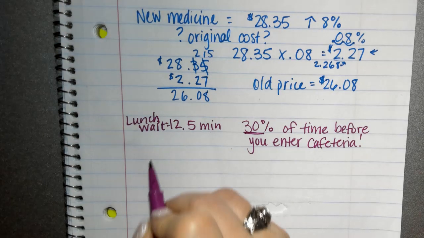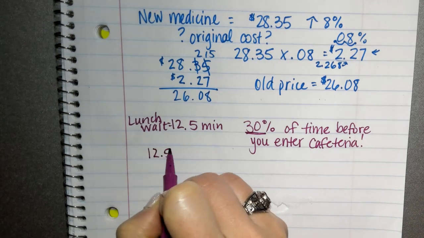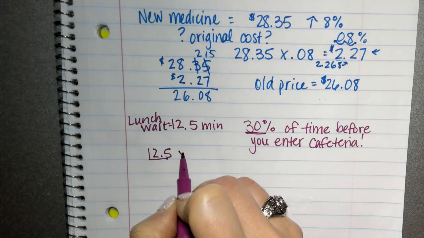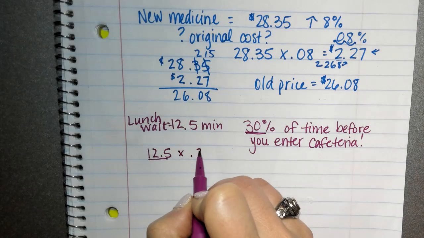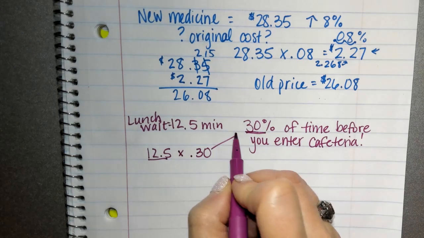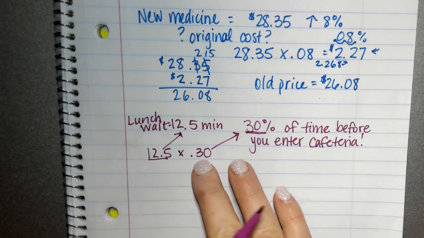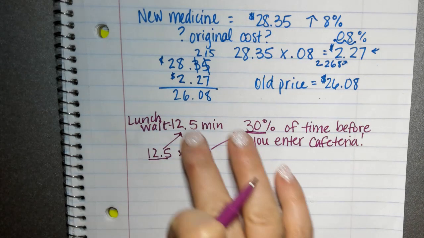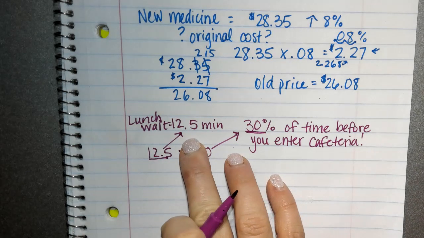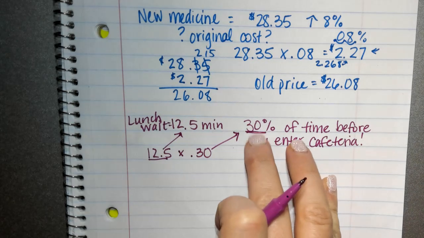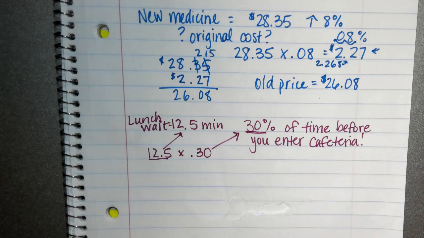Sure, we could. We would take our number of minutes and multiply it by the percent as a decimal. Okay? And that's going to give us 30% of this number. This is the total number of minutes you wait in line, and 30% of that time was before you even got in the door.